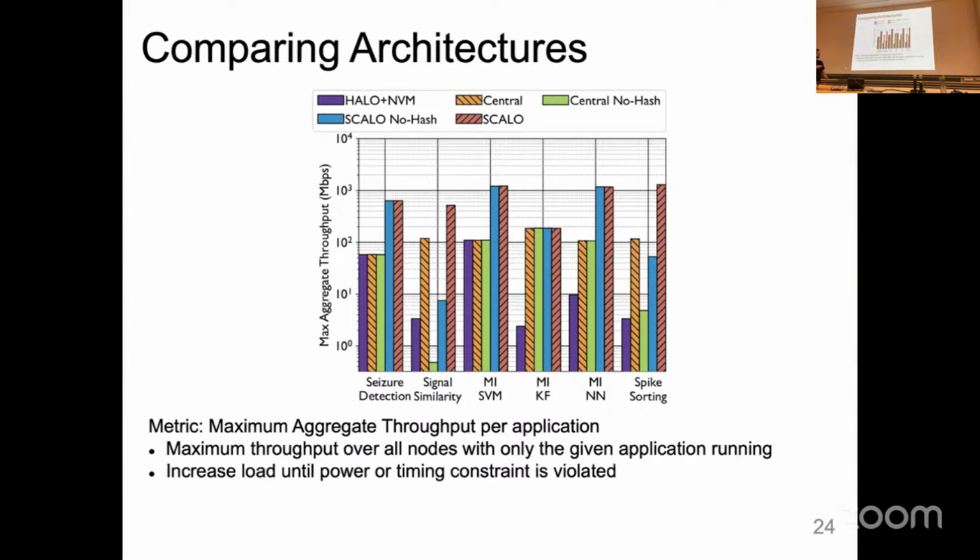They get to this maximum by increasing the load, the amount of data to be processed, until a power or timing constraint, either these 15 milliwatts or the 10 milliseconds latency, is violated. The comparisons are done on systems with 11 nodes, so 11 electrodes for the non-distributed ones, and for SCALO, 11 of these nodes that I've been talking about.